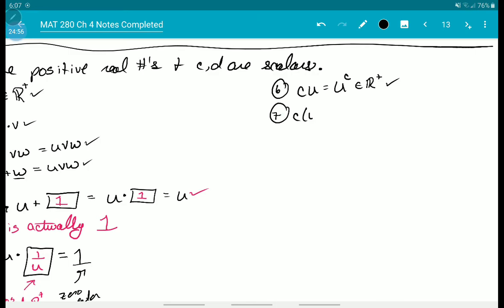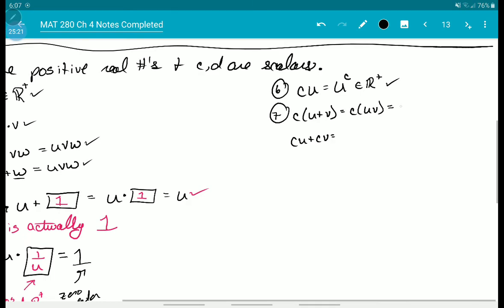7. Let's look at this guy. We want to know, does c times (u plus v) equal cu plus cv? So we're going to work both sides out. Order of operations says I have to do that addition first. That addition is really multiplication. Multiplication is really exponential.